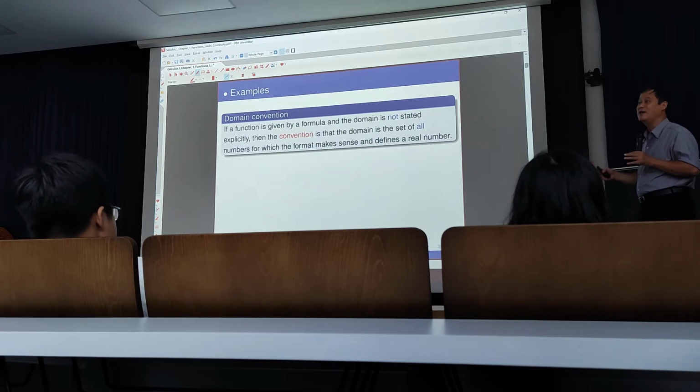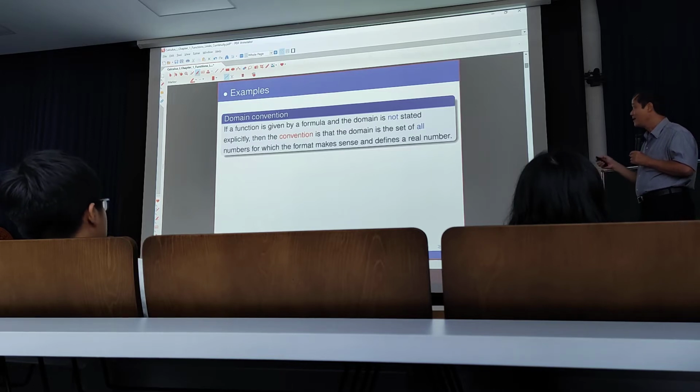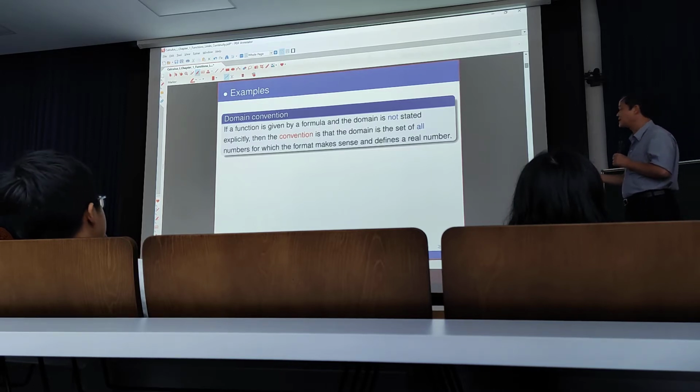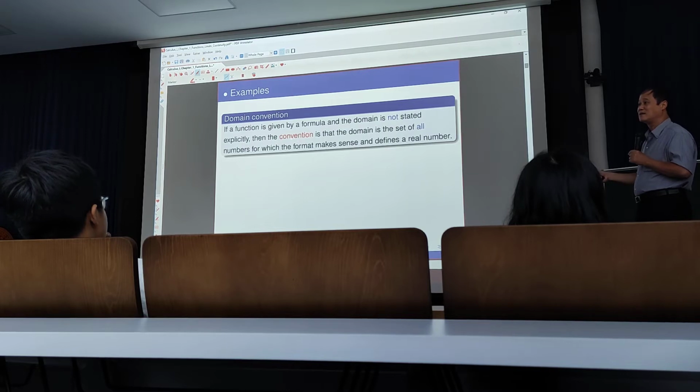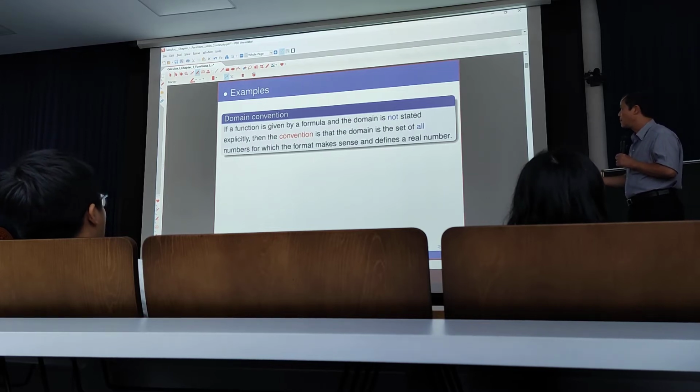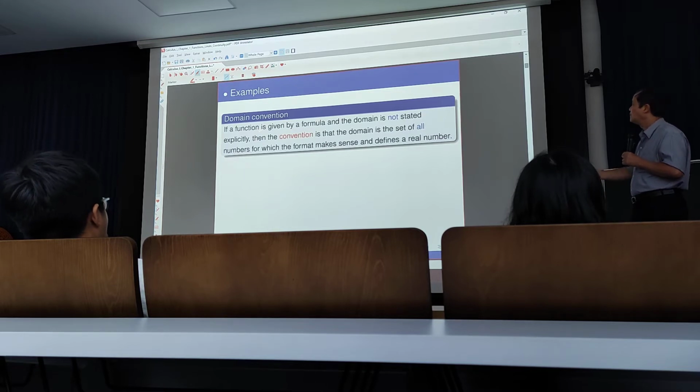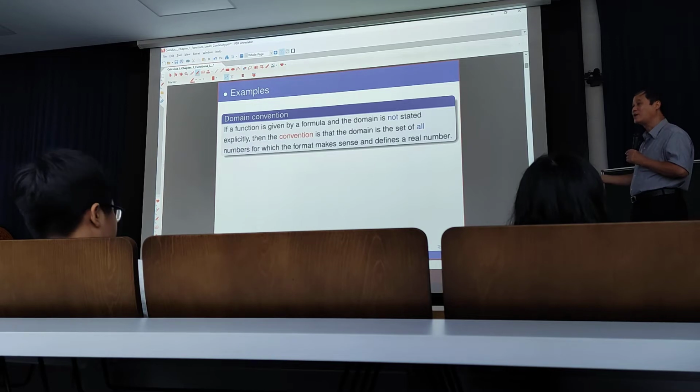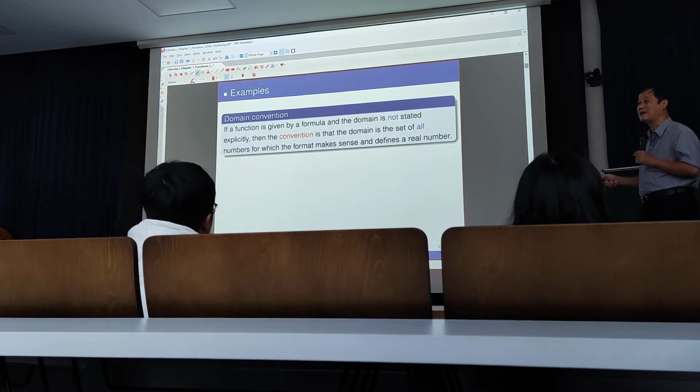You have to define it by yourself. And by convention, it means the biggest set of numbers which make the formula of the function make some sense, or for which f is defined.